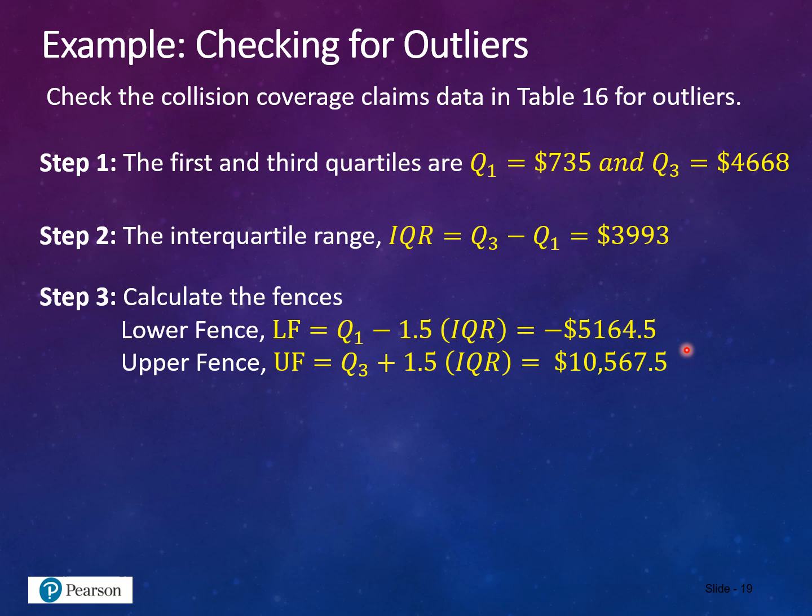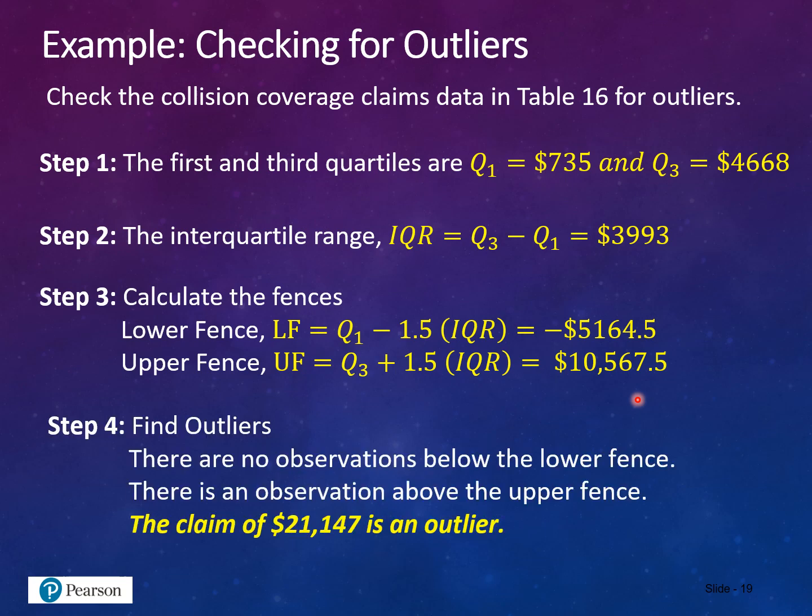So we know there aren't any outliers below the lower fence. But then we look for any amounts that are larger than $10,567. And there is one observation, which we noted in the last slide or two, and that is that there was one claim that was $21,147. And so there's only one outlier in this data.